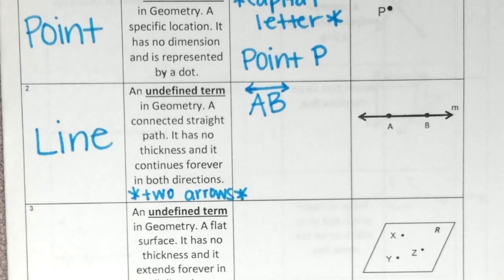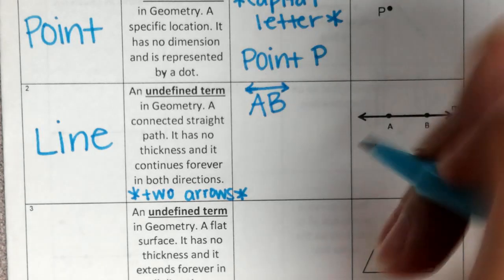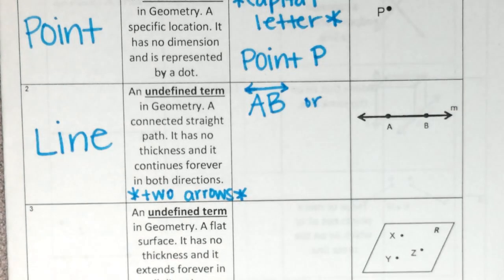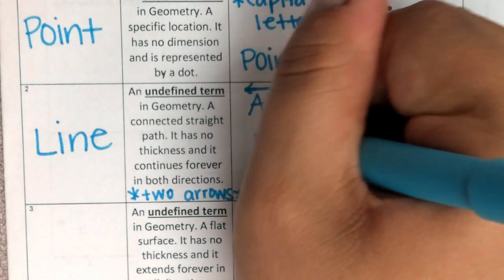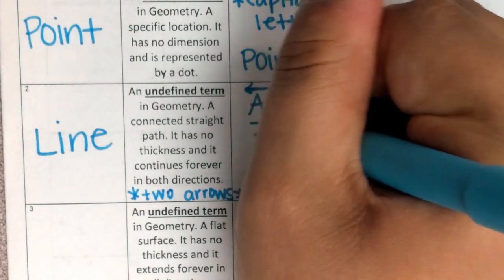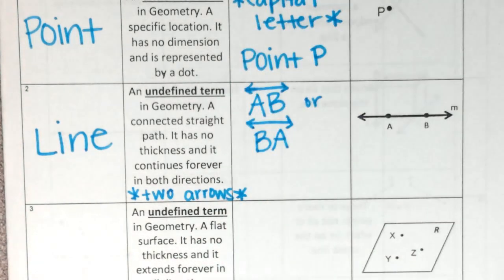Do I have to call it AB? No. What else could I call it? Do I know which letter it starts at? Does it have to start at A? So what letter could it start at? I could call this BA. I could go backwards if I wanted.